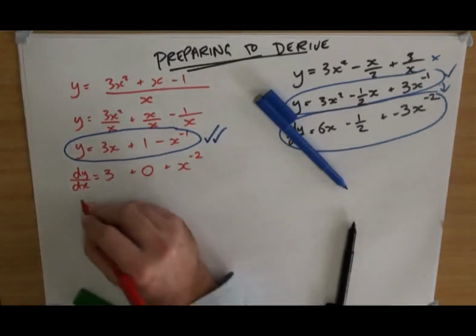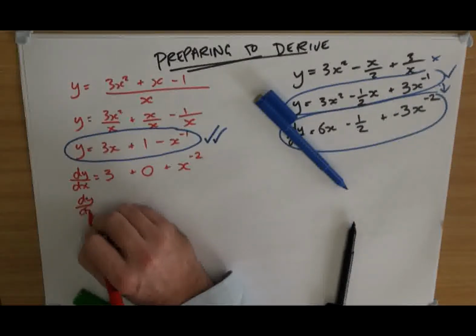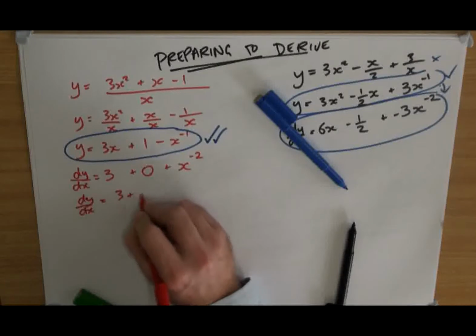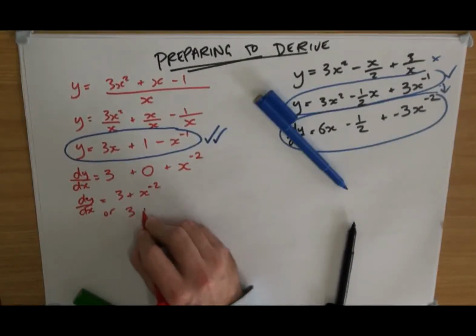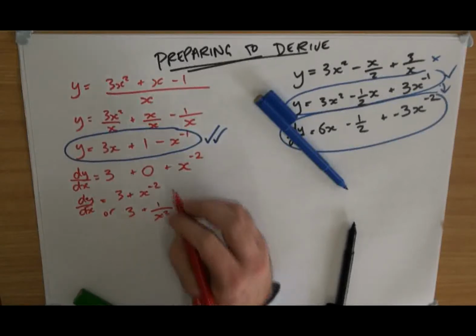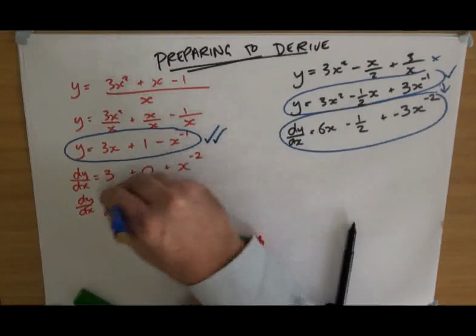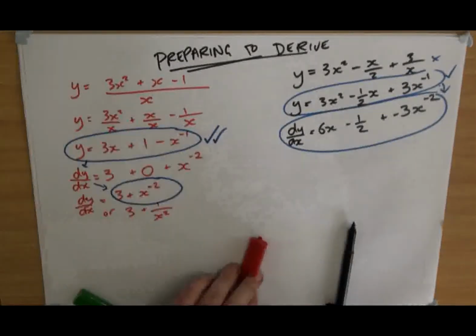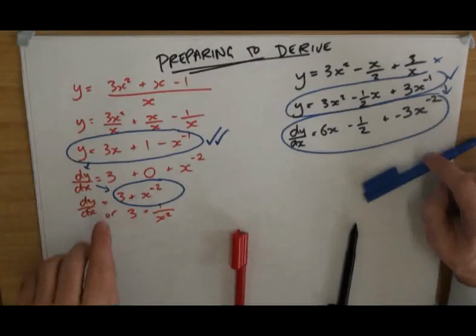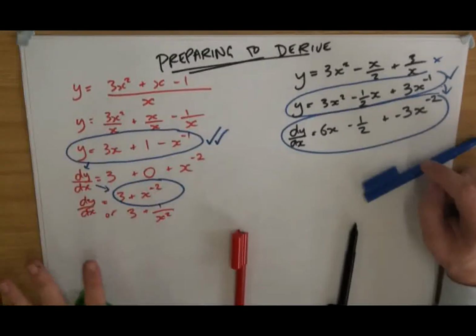And so dy dx is going to equal 3 plus x to the negative 2, or 3 plus 1 over x squared, which is the same thing. So that's your answer. So this derives into that. That's a nice way to do it there.